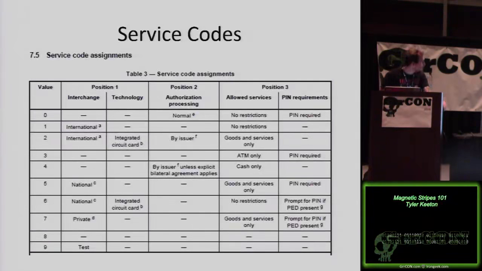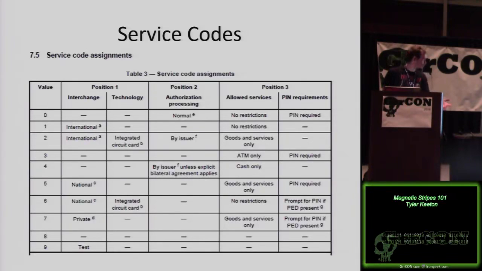So service codes. When I was talking about service codes, every card has one, and it basically denotes where you can use the card and what's on the card. So for the most part, when it comes to financial cards, some gift cards, you usually have a service code of either 101 or 201.